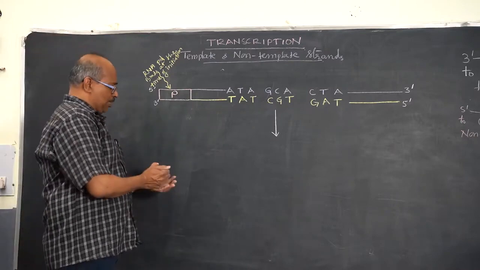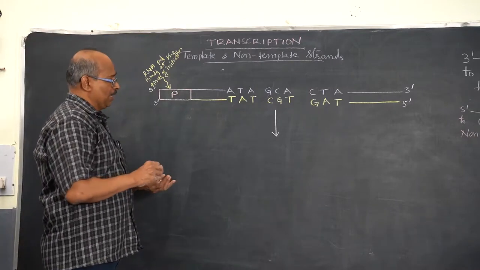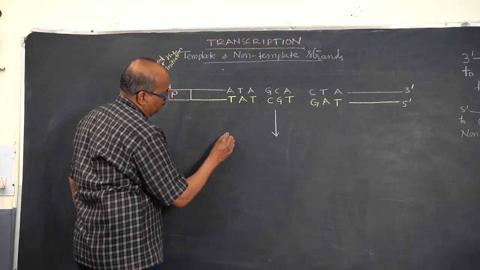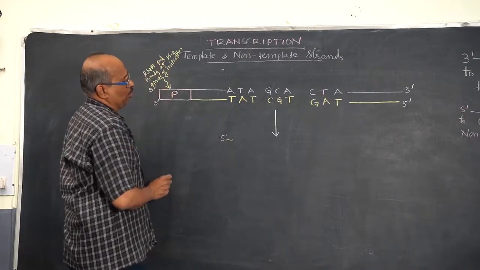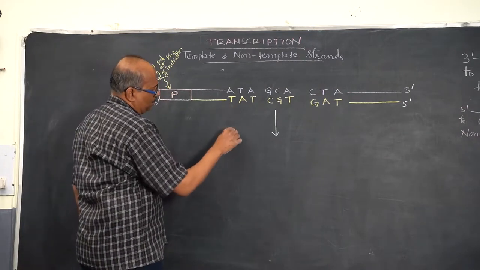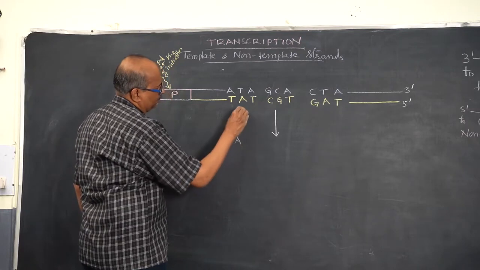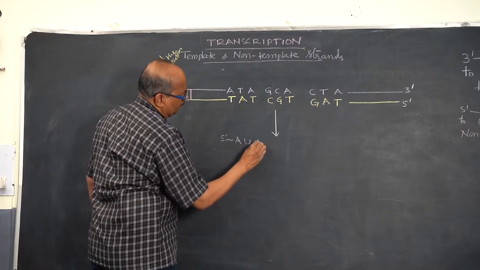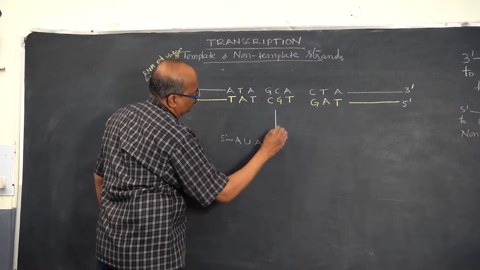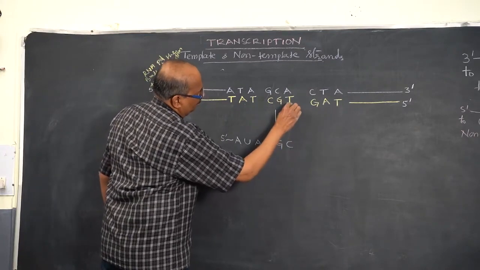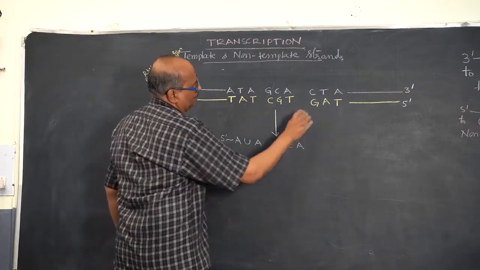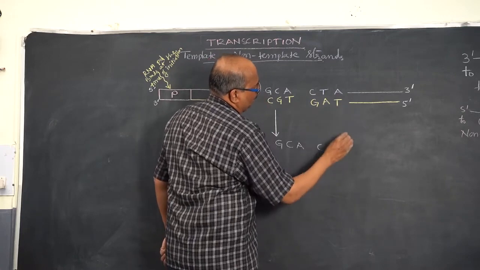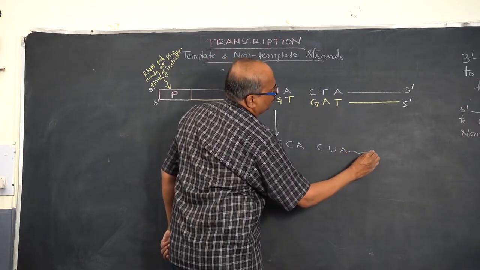So when I do the transcription, I get an RNA. So RNA starts with 5', gets complementary nucleotides which are ribonucleotides. So here we get A, here we get U, here we get A, here we get G, here we get C, here we get A, here we get C, here we get U, here we get A, 3'.